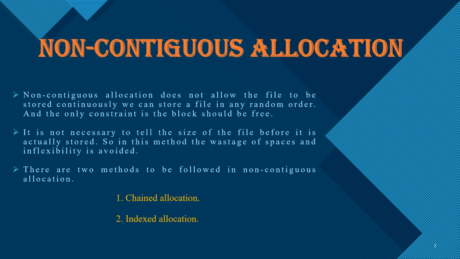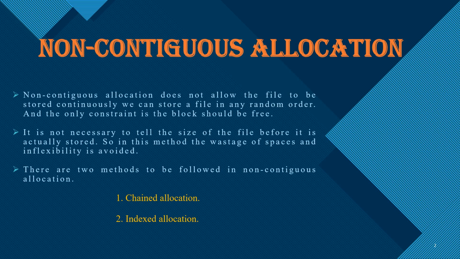In contiguous allocation, the main disadvantage is wastage of space and inflexibility. But here, it is not necessary to say the size of the file before it is stored. So the main advantage of non-contiguous allocation is that wastage of space and inflexibility are avoided.